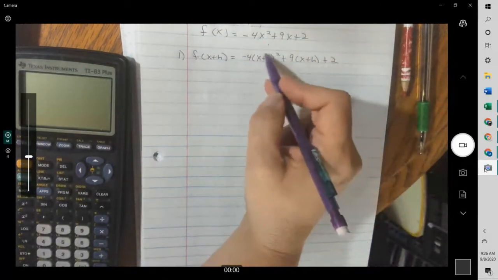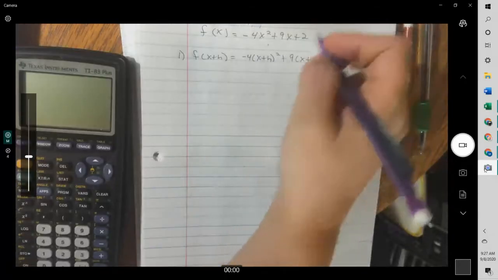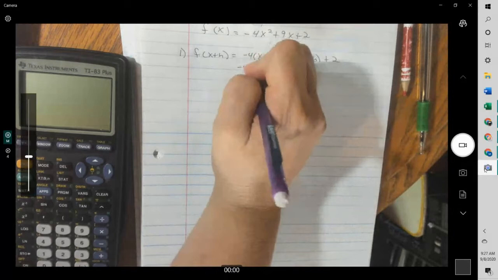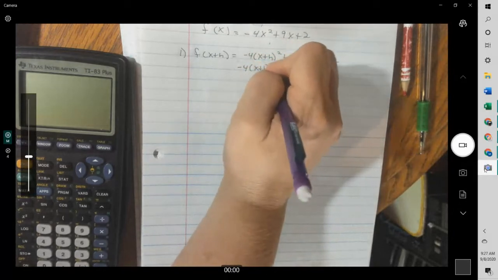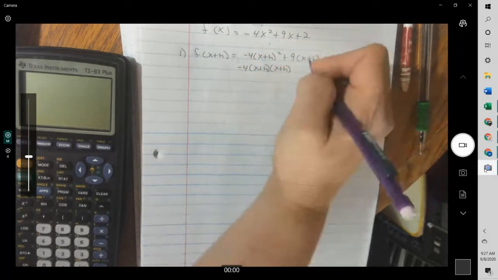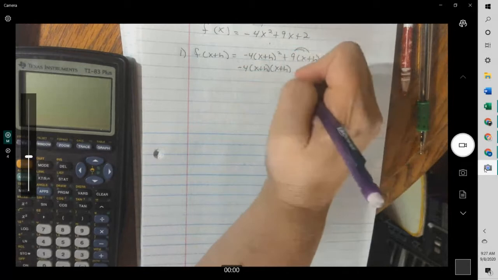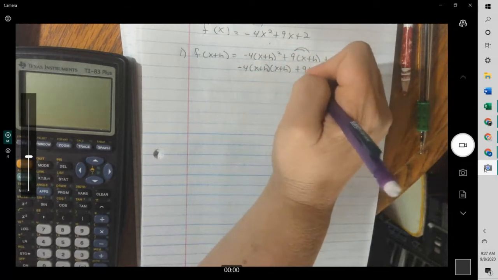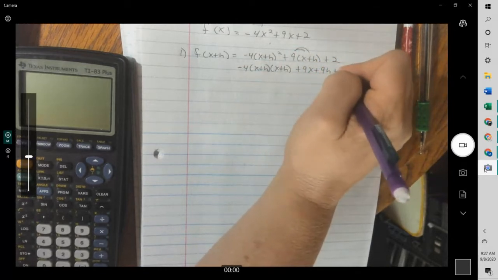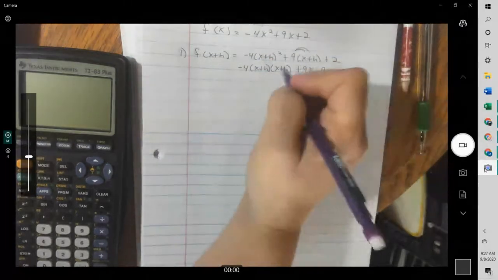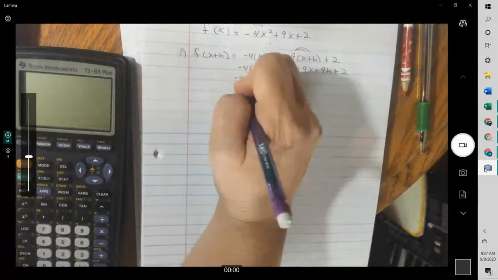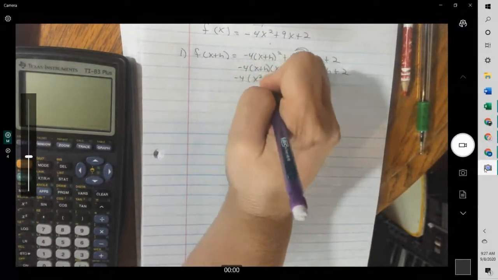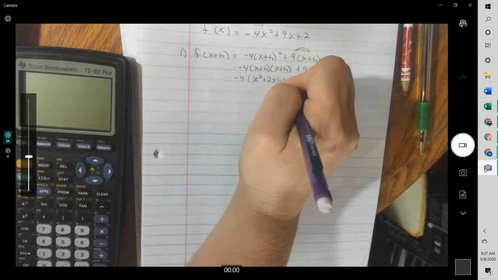First thing we need to do is FOIL this. Remember, x plus h squared is x plus h times x plus h. So we have to FOIL this. If you FOIL it, you get x squared plus 2xh plus h squared.